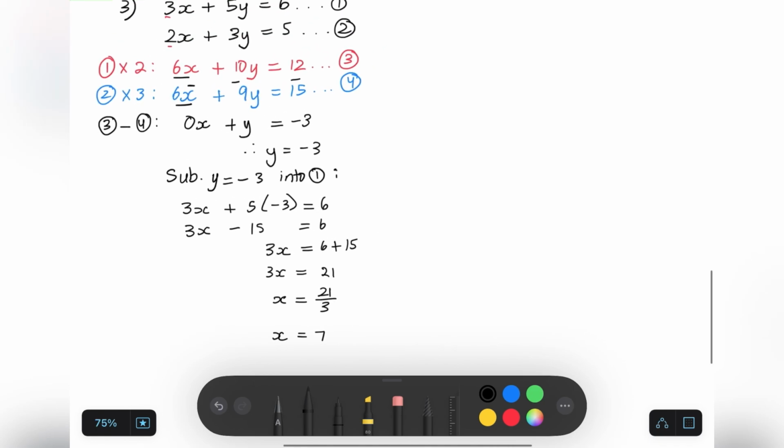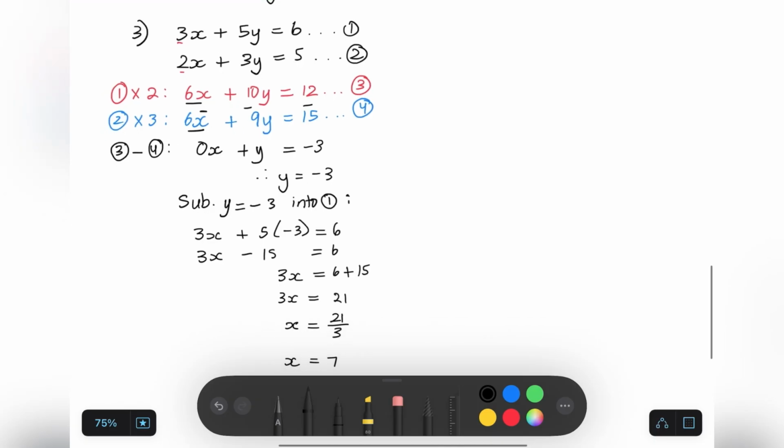So the solution of this pair of simultaneous equations will be x is equal to 7 and y is equal to negative 3.